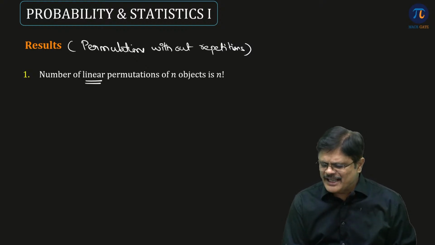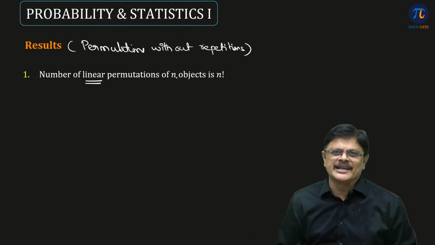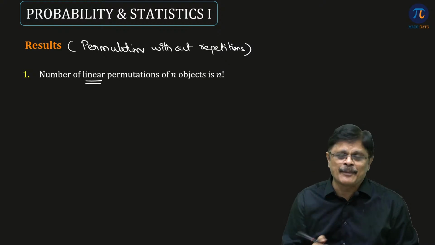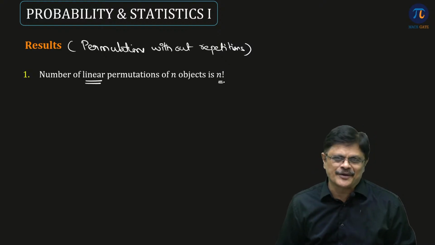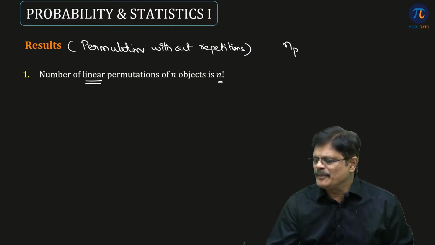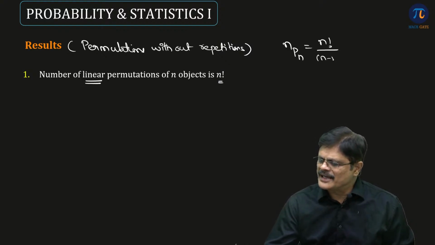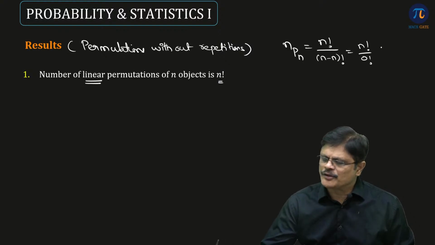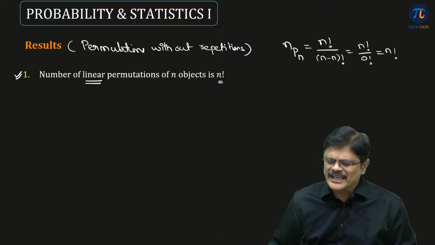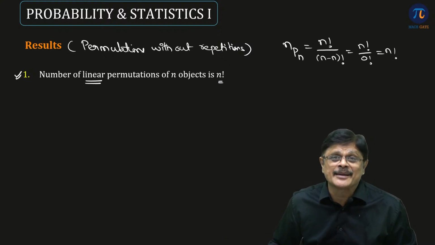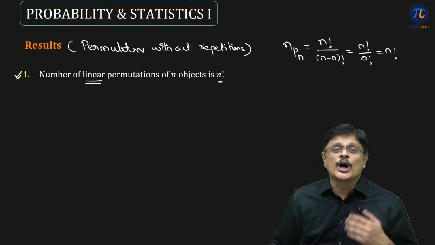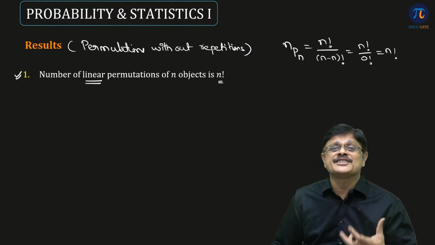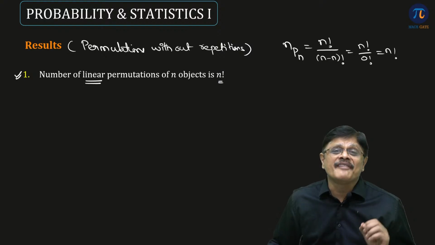So the number of linear permutations of n objects, that is, n objects to be arranged in n places, is given by n factorial. Actually, it is nPn. According to the formula, it is n factorial by (n minus n) factorial, that is n factorial by 0 factorial. 0 factorial is 1. So the answer is n factorial. That is how many ways n objects can be arranged in n places: n factorial ways.